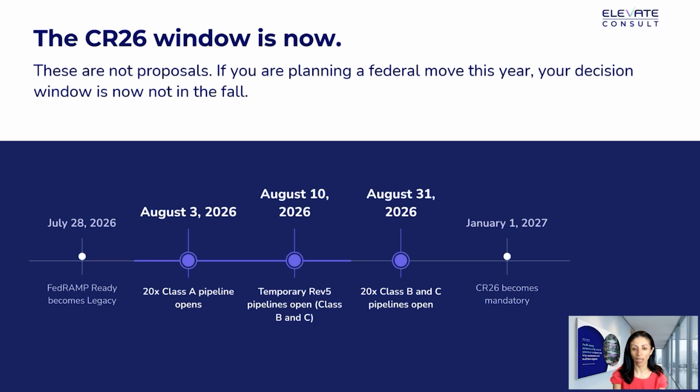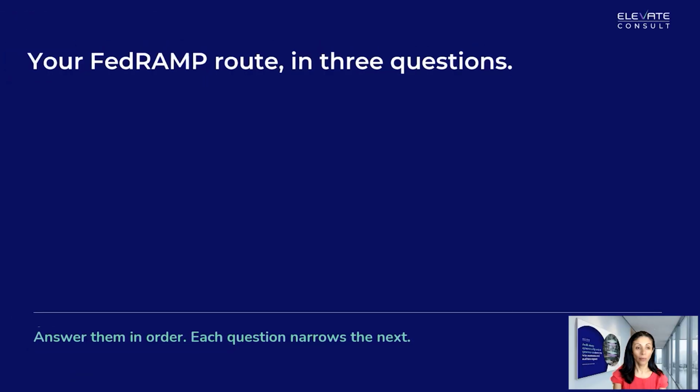So at least the government gave those companies, I think it's like 20 or 30 of them, the opportunity to get ready in the next 6 months with all the changes that came through. And then June 11th, 2027 is the last day that a company could apply for the new Rev5 certification path.